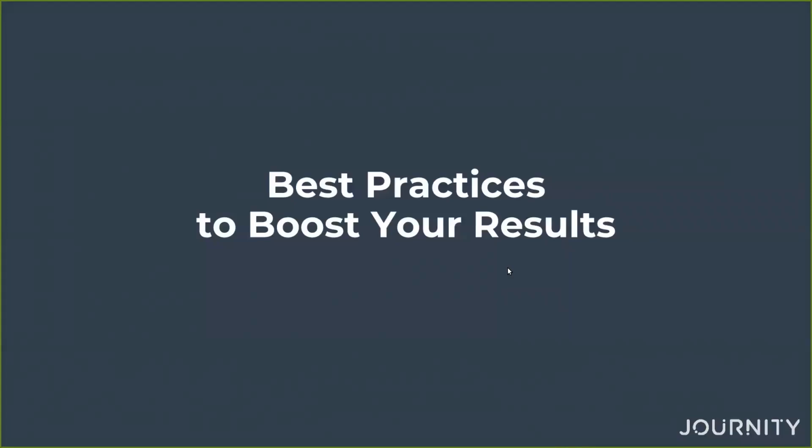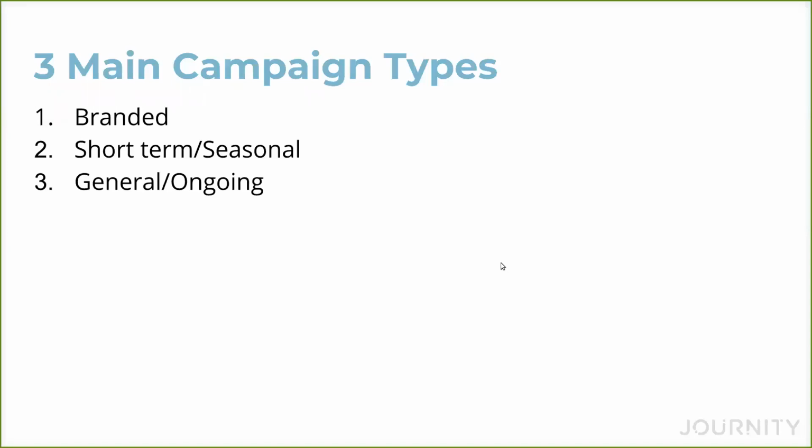Some of the best practices to boost your results are really looking at the types of campaigns you're going to run. And today, I wanted to talk about three main types. The first one is branded, which we already talked about a little bit. Make sure you have good coverage for your brand, and make sure you're the one that's showing up the most on those searches.